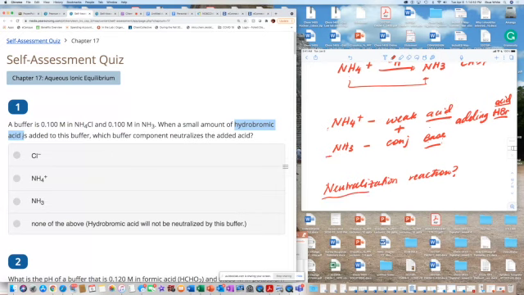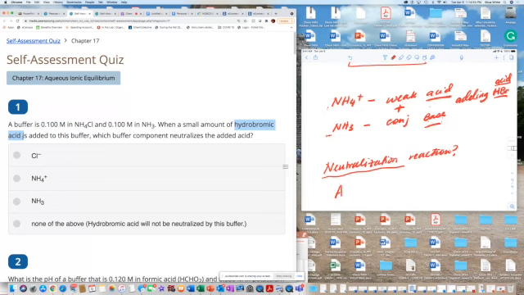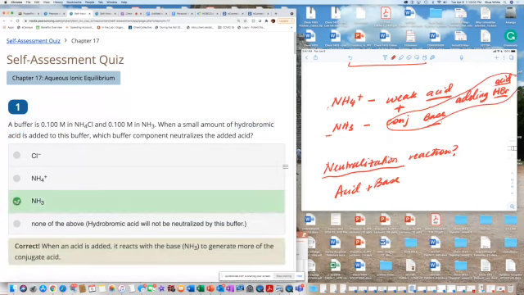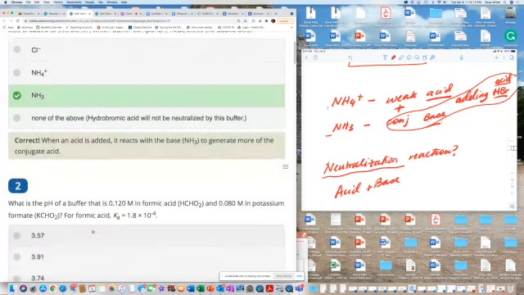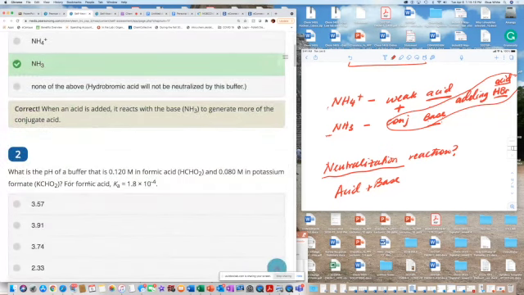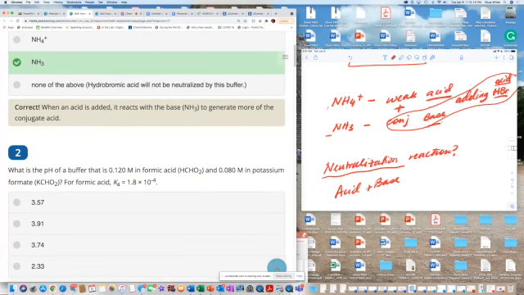Yeah. Neutralization reaction by definition is an acid base reaction, right? So if this acid is being added, the base is the only one that can neutralize it. So our base is this. Yay. When an acid is added, it has to react with the base component to generate more conjugate acid. Then here we have, oh, they want the pH of a buffer.